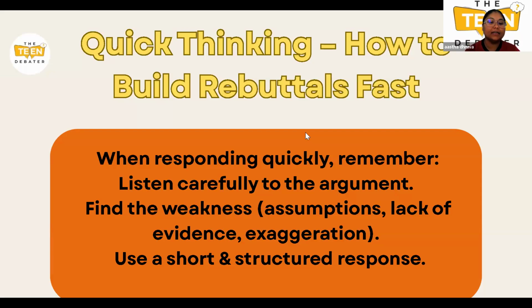Then respond with a short and structured response. Make your point clear, provide evidence for it, explain why you think that evidence is relevant, and then link it back to your point again of why you think the other person's argument is faulty, which will give your mediator a very concise and clear point for the rebuttal.